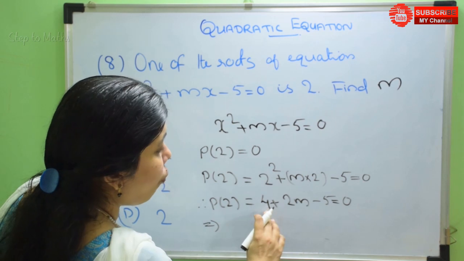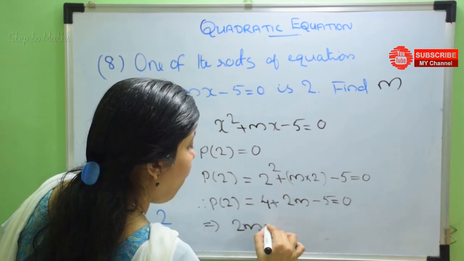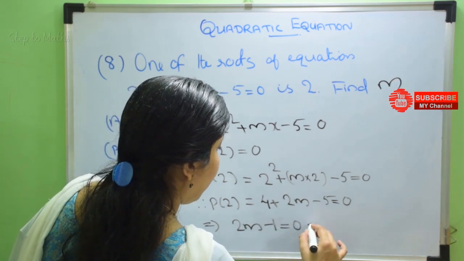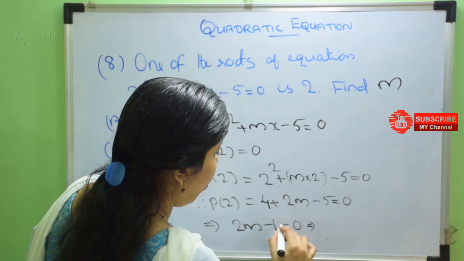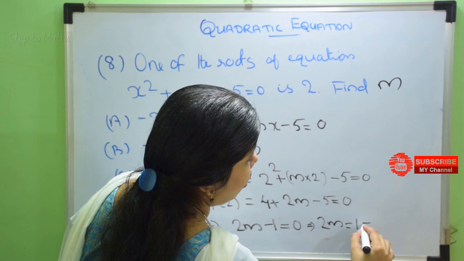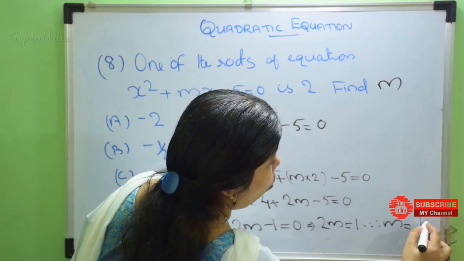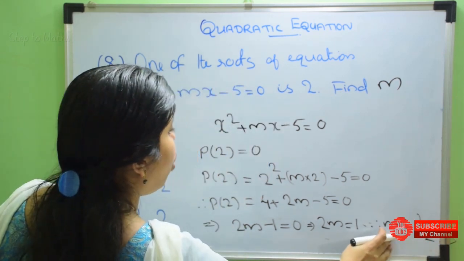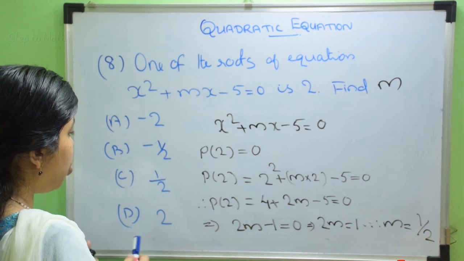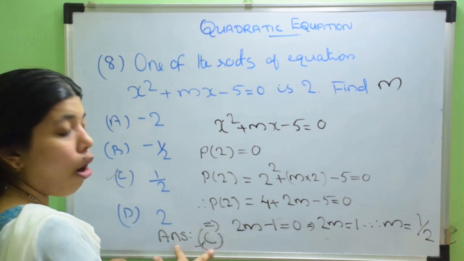That implies 4 plus 2m minus 5, that is 2m minus 1 equal to 0. That is 2m is equal to 1. Therefore, m equal to 1 by 2. The value of m is 1 by 2. From the given options, option C. Our answer is option C.